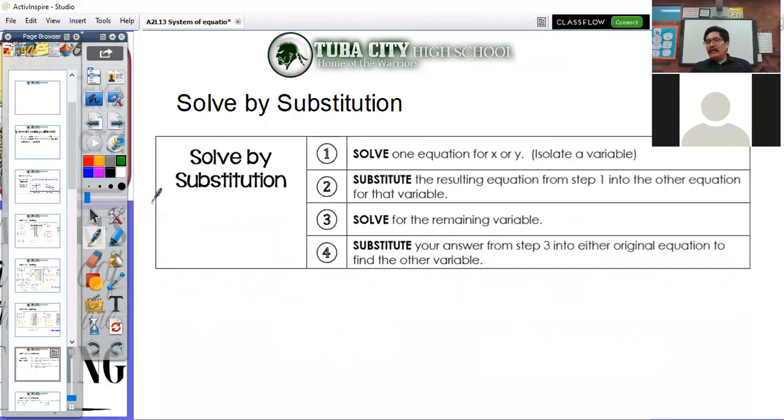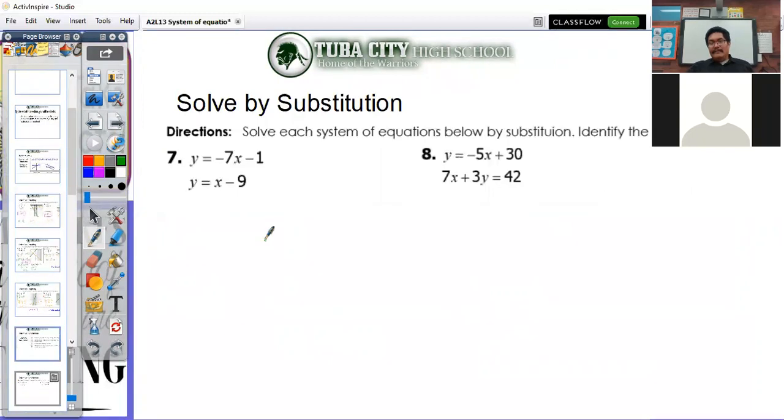Even though you get one of them solved, you got to substitute it into the other. So put the answer you got and plug it into the other equation. And like I said, it sounds confusing, which it kind of is, but I think it'll make more sense once you see it.